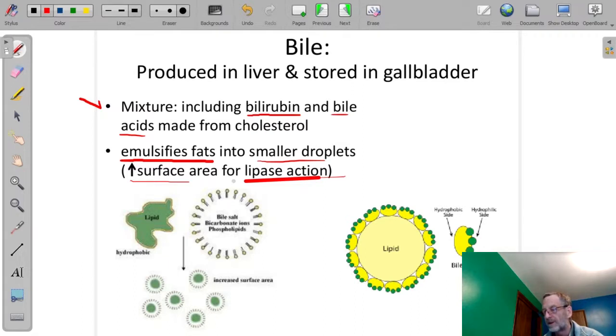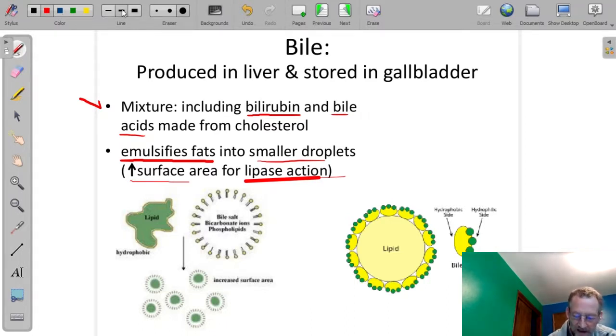They become emulsified. They do not dissolve like salt does or sugar. These are hydrophobic, non-polar lipids. They don't mix well with water. So if you're going to move them through a watery environment and break them up and digest them, bile is necessary for that. So here's basically the idea.